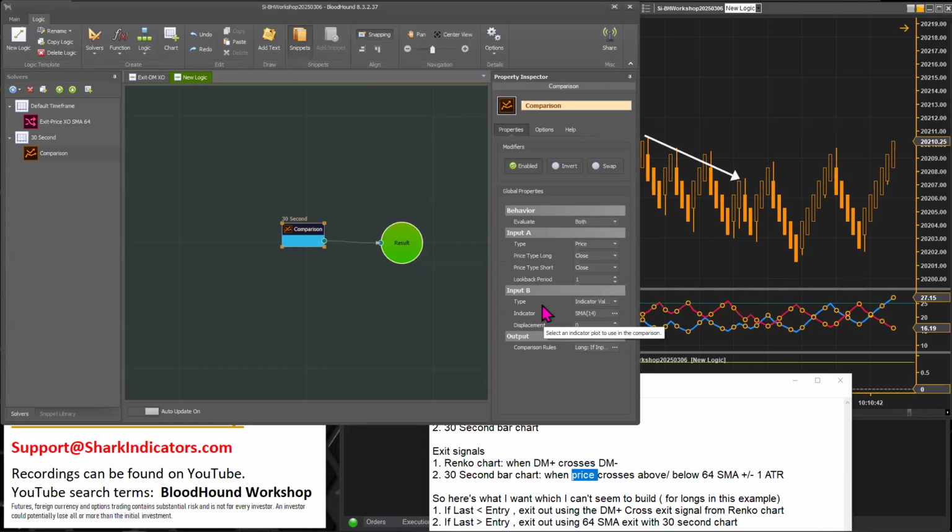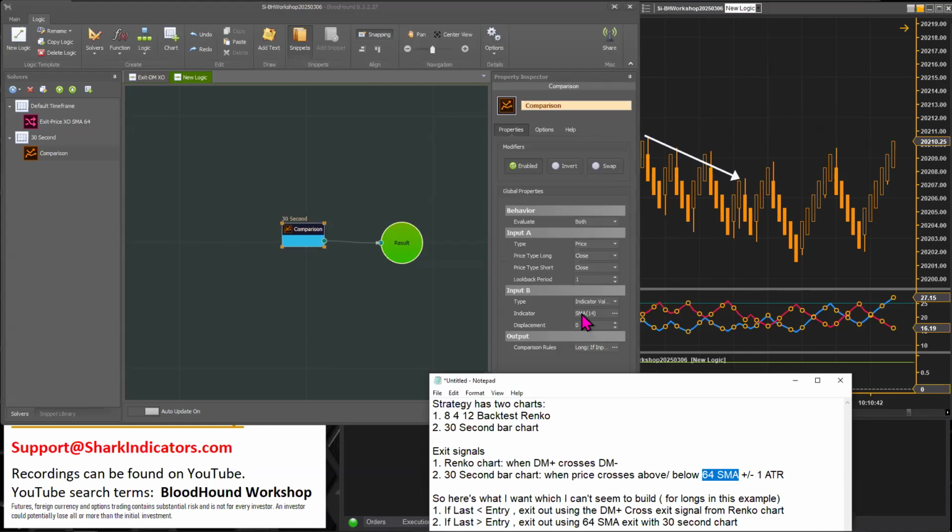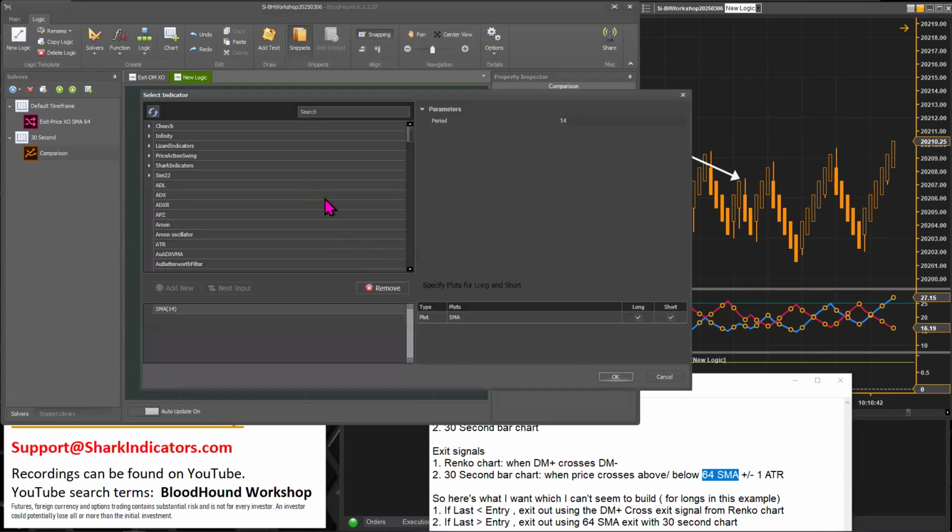There, and then input B is going to be the SMA there. All right, so let's open up input B, and we just need to change the period to 64 since the SMA is the default indicator there. Right.